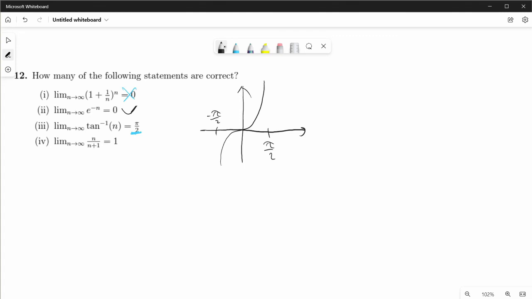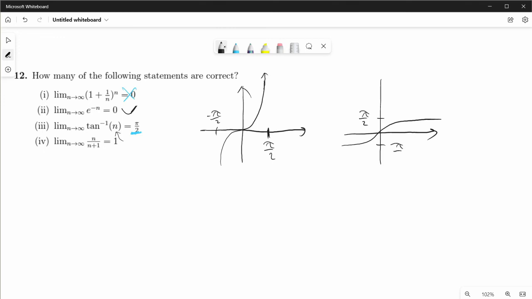I'm trying to find an angle that equals infinity, which is what tangent -1 is. The part that approaches infinity is at pi over 2. And if you know what tangent -1 is, it's just the inverse of that, which looks like this.